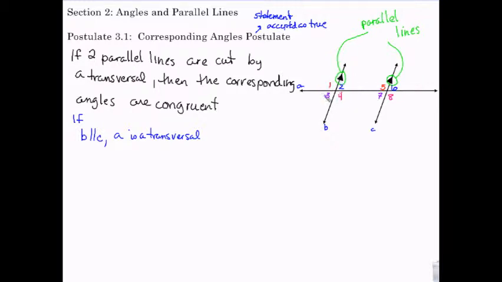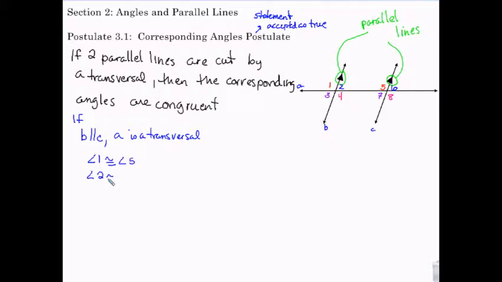If you made this like a checkerboard, they're in the same top left corner. And 2 and 6 are in the same top right corner, 3 and 7 bottom left, 4 and 8 bottom right. So angle 1 will be congruent to angle 5.